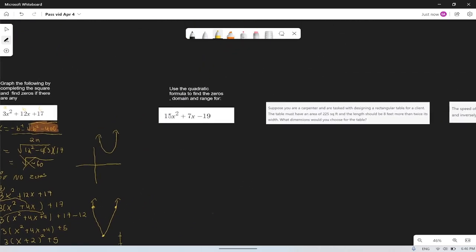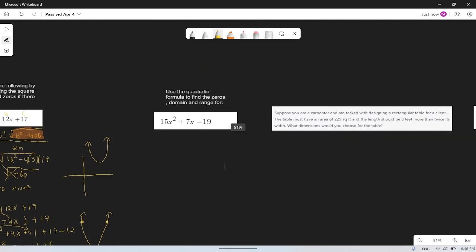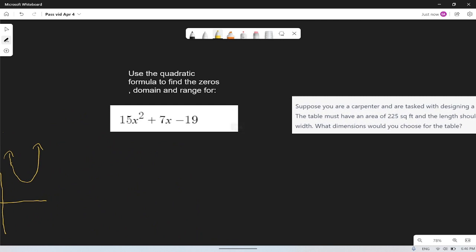Alright, next up, we're going to use the quadratic formula to find the zeros for this function here. So this is already in quadratic form. If this was, say, negative 5x squared equals 10x squared plus 7x minus 19, you'd move this over to set it equal to 0 so that you have your 15x squared plus 7x minus 19.